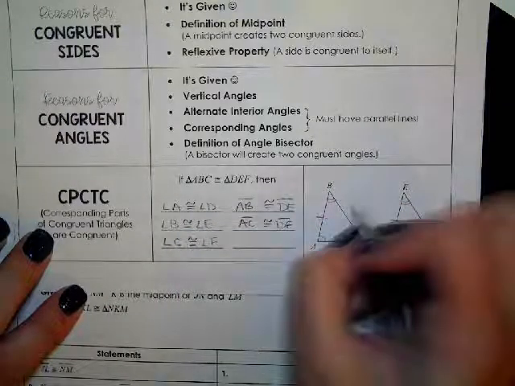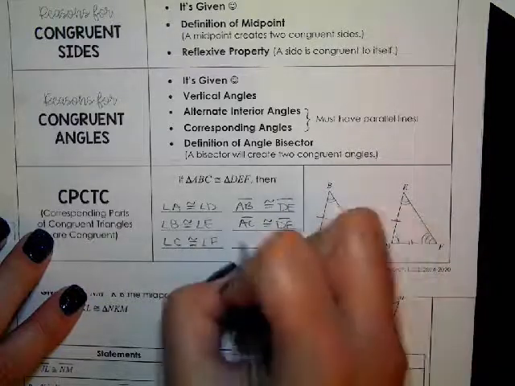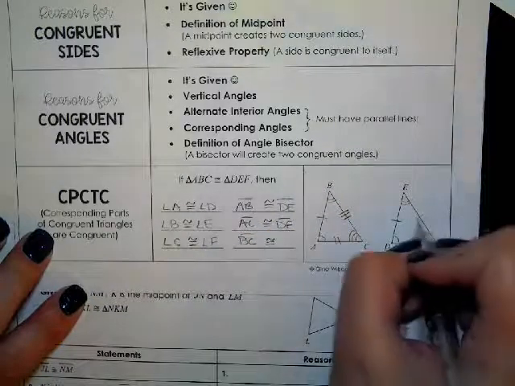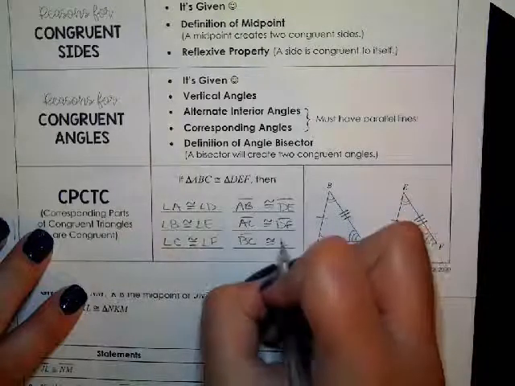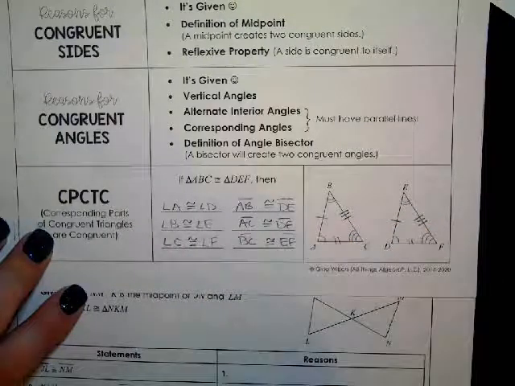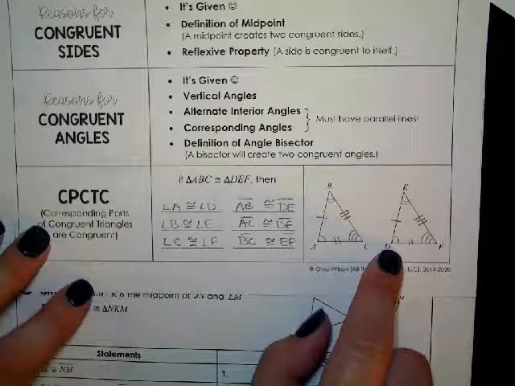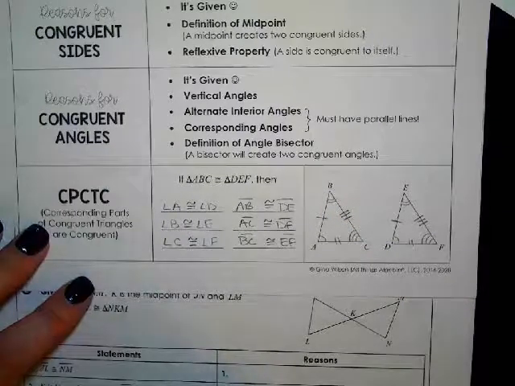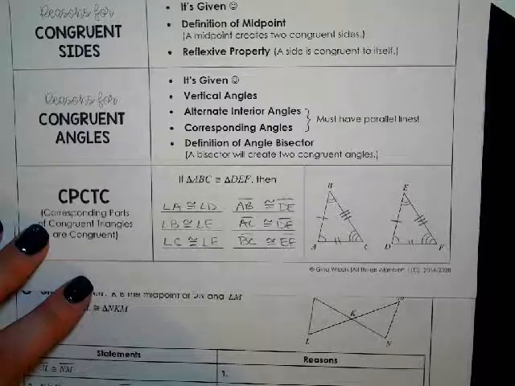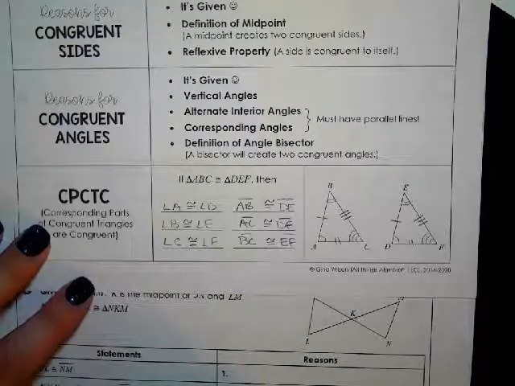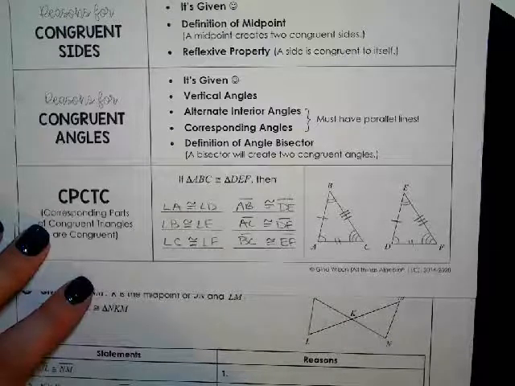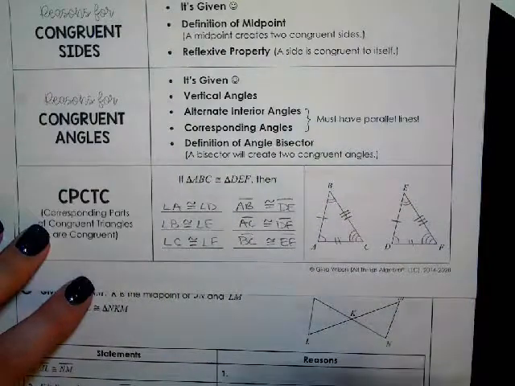And we know that BC is congruent to EF. So if I want to show that the sides are congruent, I can actually put the markings in on the triangle this time. Okay. All right, any questions on the resource sheet so far? Make sense? Okay, let's go ahead and fill in our notes with some example problems.